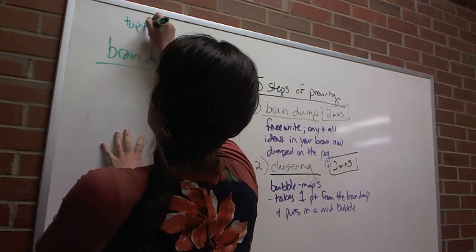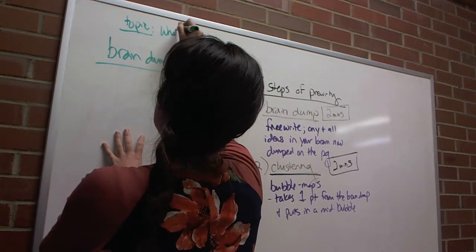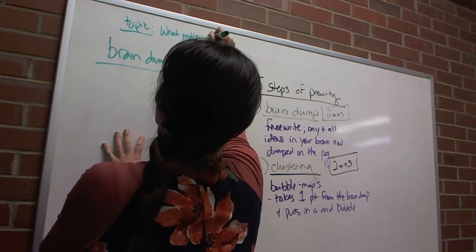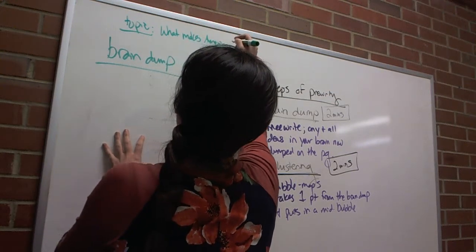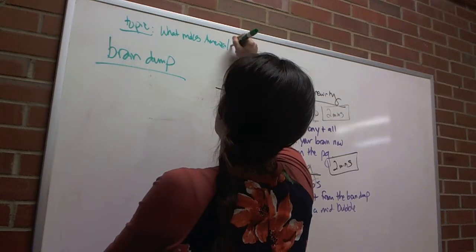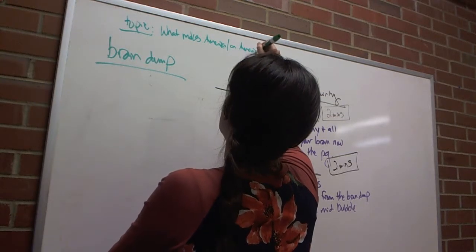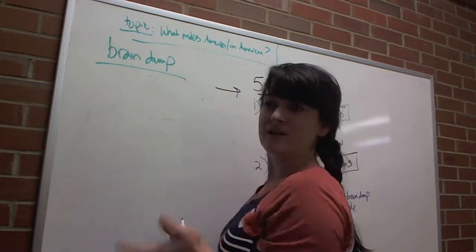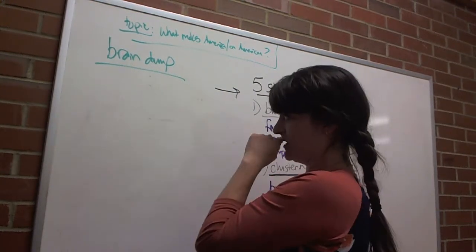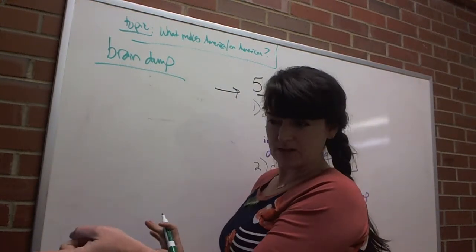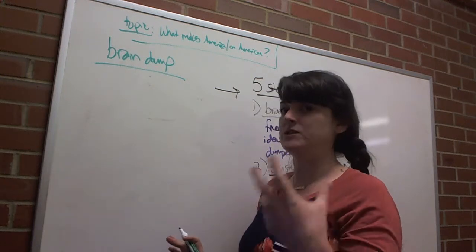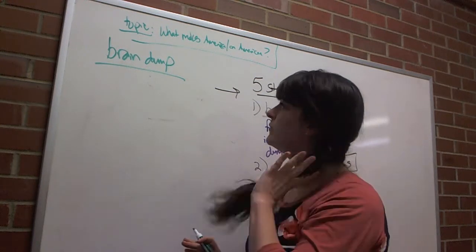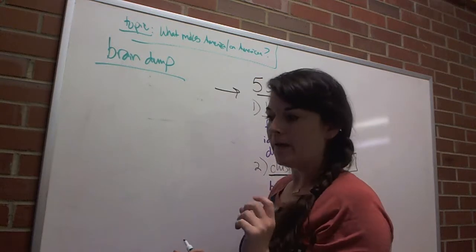So I'll put my topic at the top: what makes America or an American. I'm trying to stay on this topic, but if I don't, it's okay. So I'm going to start a brain dump. I'm only going to look at this clock and set it for about a minute, just so you can see what it looks like when you dump everything on the page.